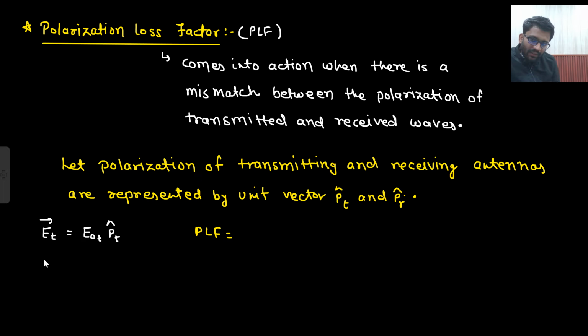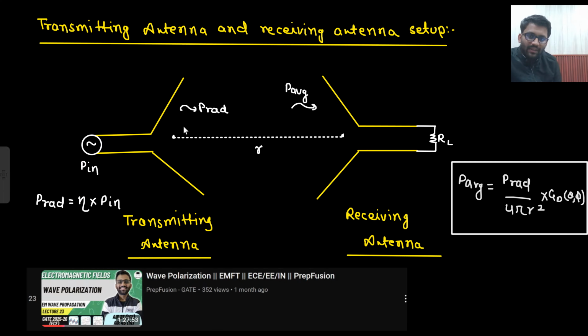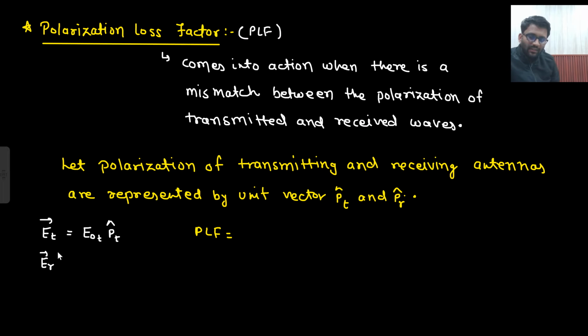This is my transmitted electric field and this is my received electric field. Transmitted electric field means whatever is coming out of the transmitting antenna. And what do you mean by received electric field? Whatever is coming into the receiving antenna. So my received electric field will have some magnitude and it is dancing in PR direction. T for transmitted, R for received.